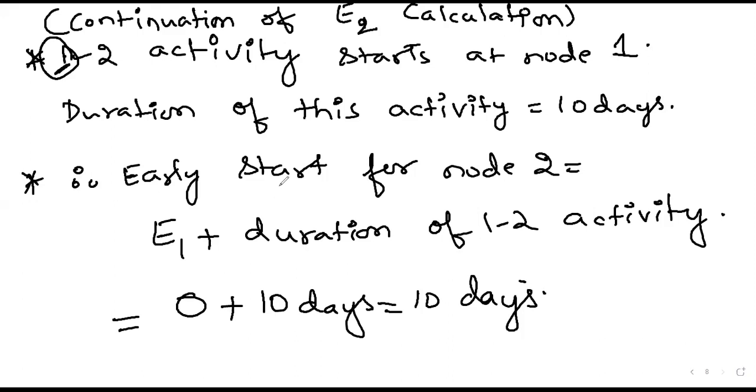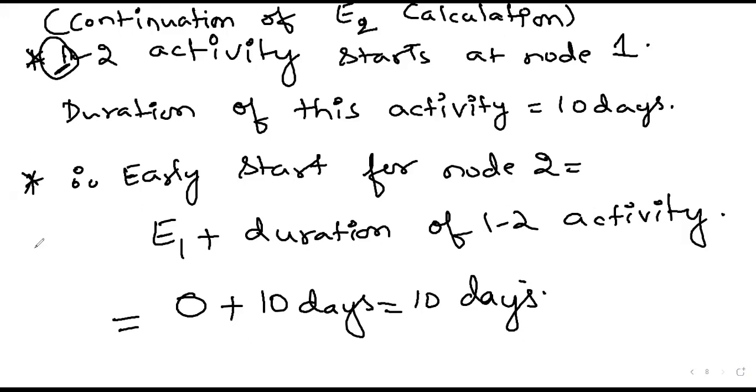E2 is done. Next, we have to calculate E3, the early start for the third node. On node number 3, which activity finishes? 2-3 and 2-5?